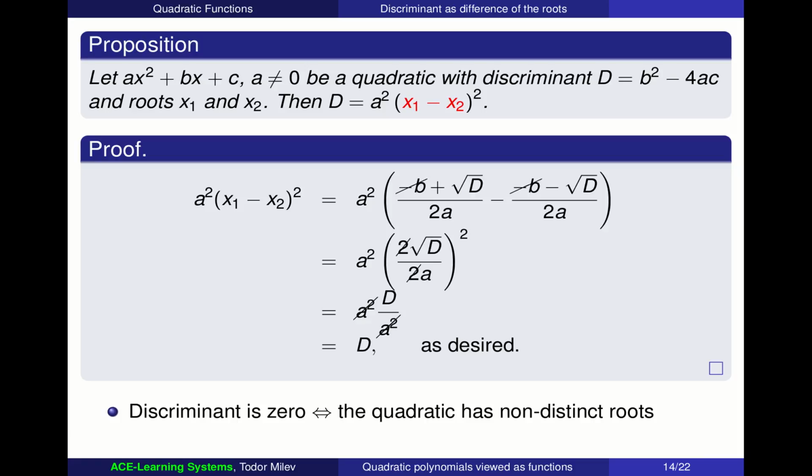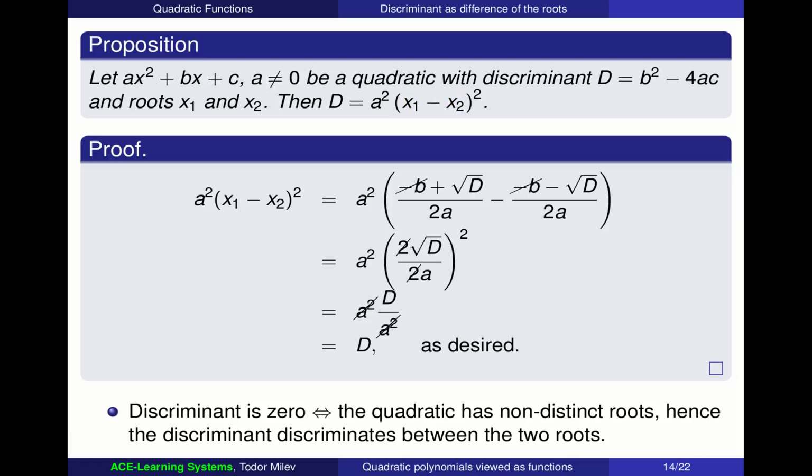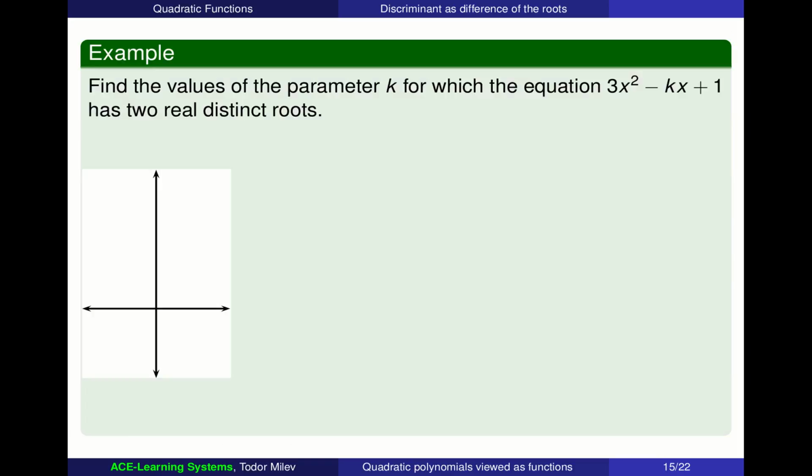So once again, discriminant is 0 if and only if the two roots are actually the same root. In other words, the discriminant discriminates between the two roots, and that actually explains why this d is named the discriminant.